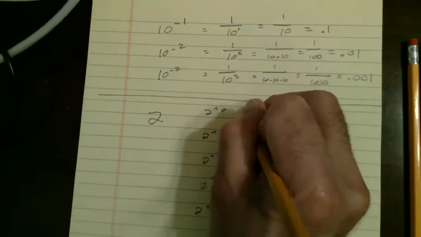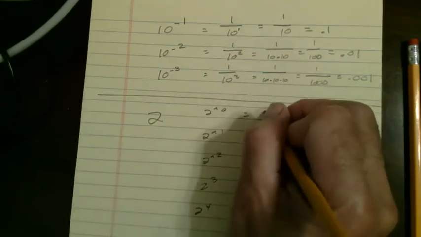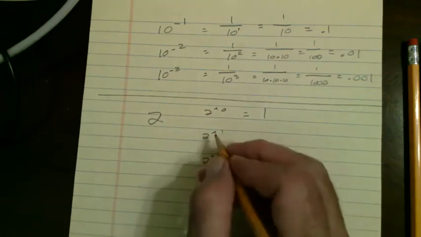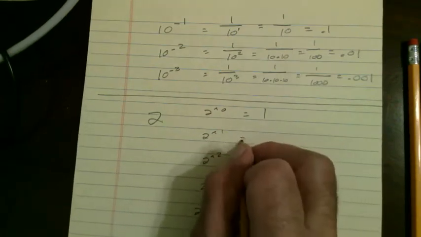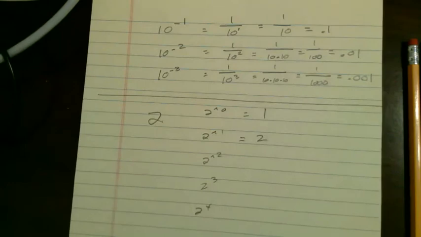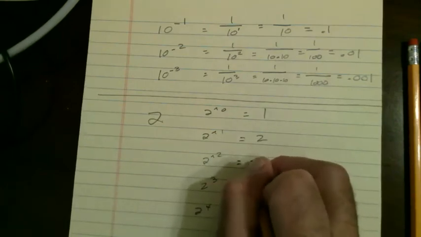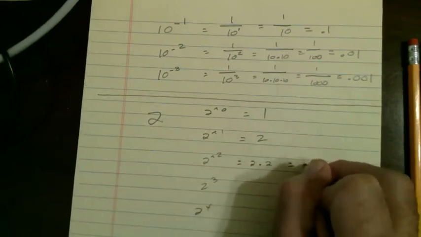Well, as we said before, 2 to the 0 is 1. Any number x raised to the 0 power is 1. 2 to the first is just itself. It's 2, just like 10 to the first was 10. 2 squared equals 2 times 2, or 4.